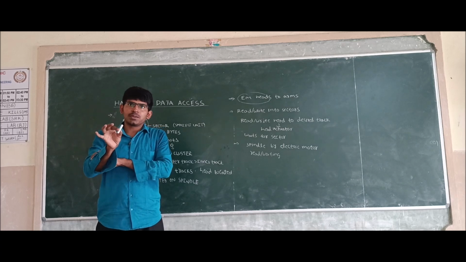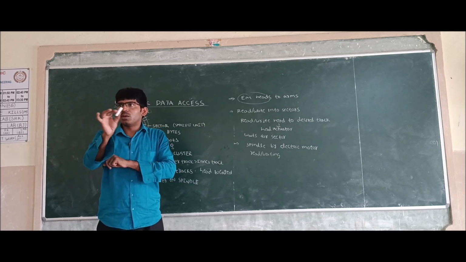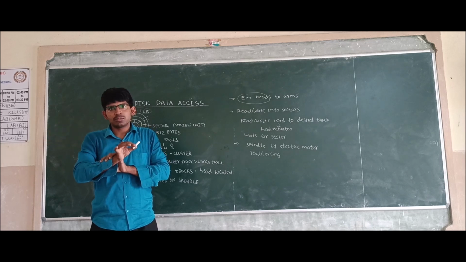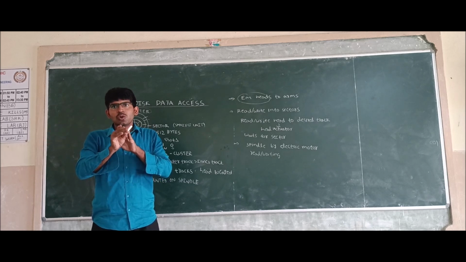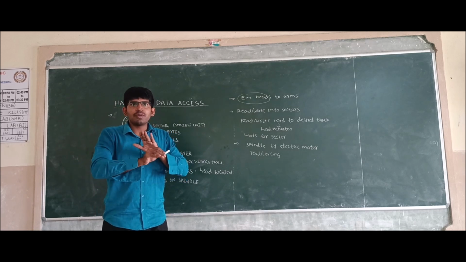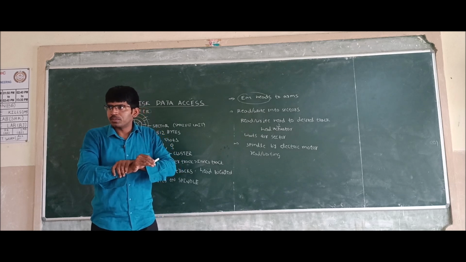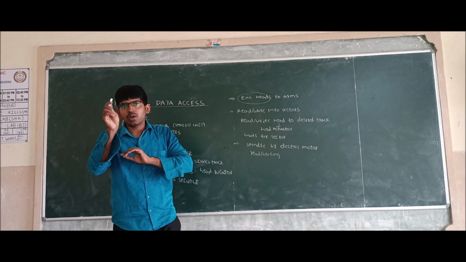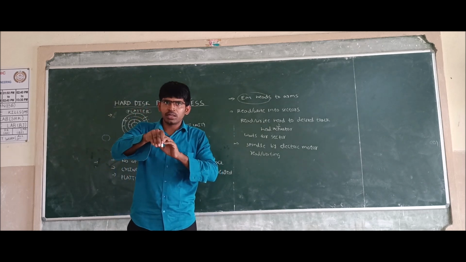This is a chalk piece. This is a motor. This is an arm. This pointing one which is holding is the head, for example. To this head we connected the arm. So electromagnetic heads are connected to the arm. So this chalk piece example is the sector.